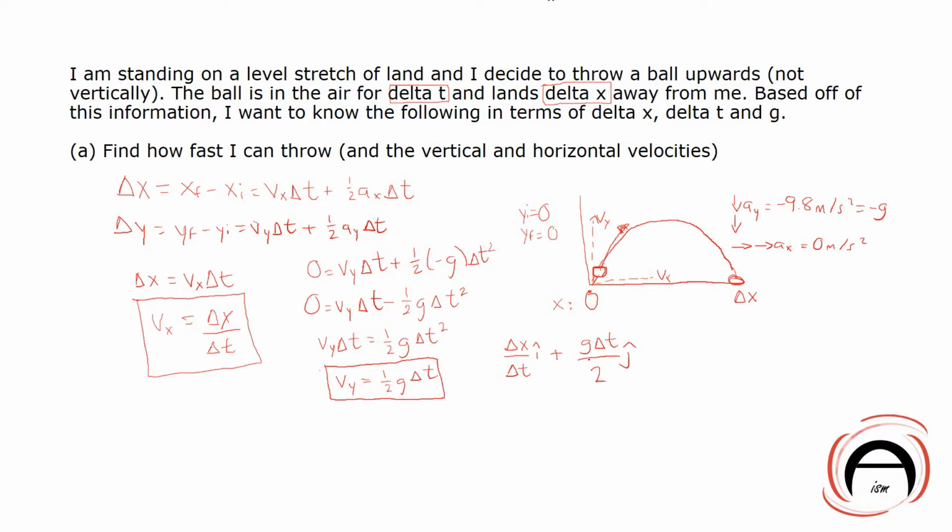The reason that both of these are positive is because our initial velocity is going to look something like this. I threw it upwards but not vertical, and I also didn't throw it horizontally. I kind of threw it diagonally.